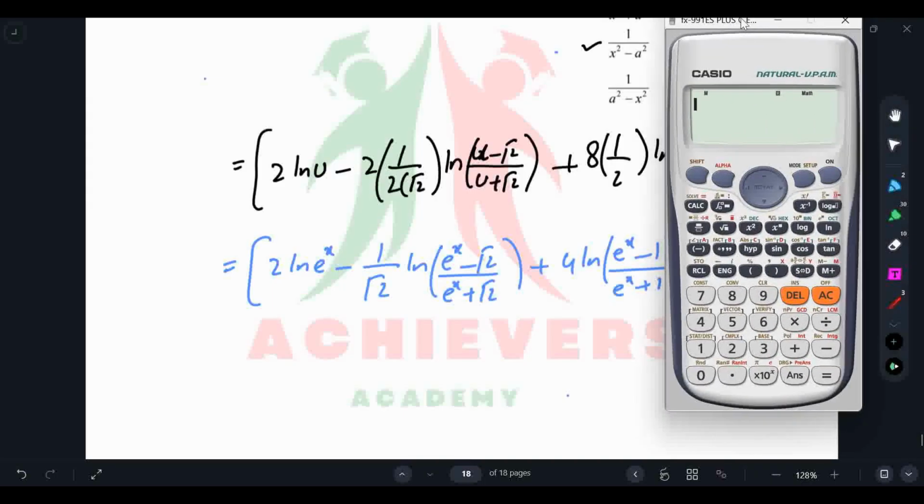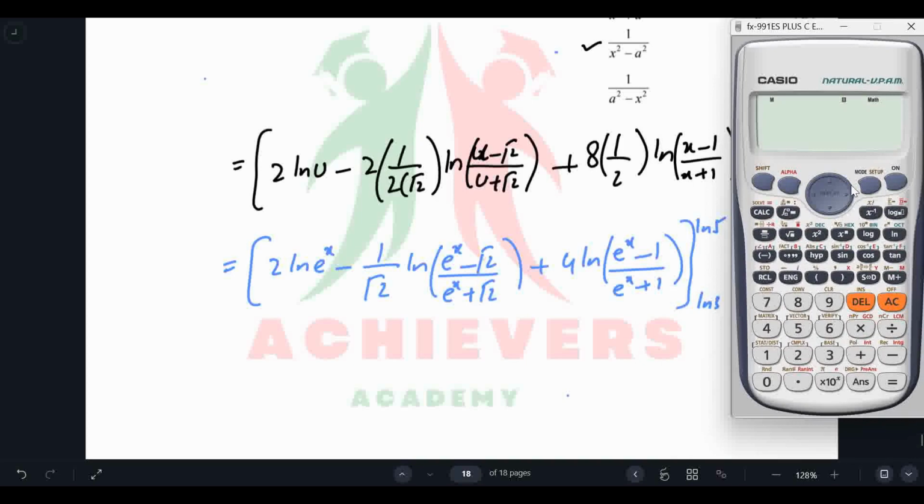So the upper limit is natural log of 5. So 2 natural log of e power natural log of 5, bracket close. Usually we make errors in writing anything in the brackets.